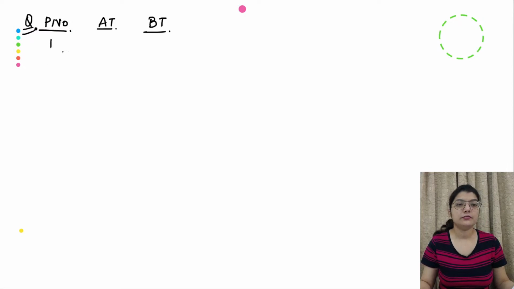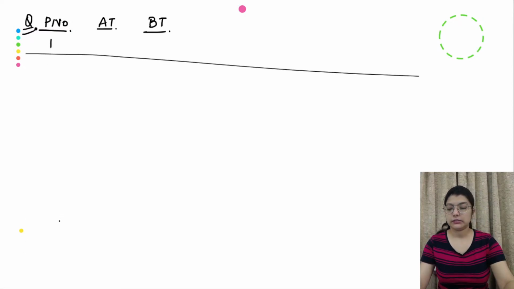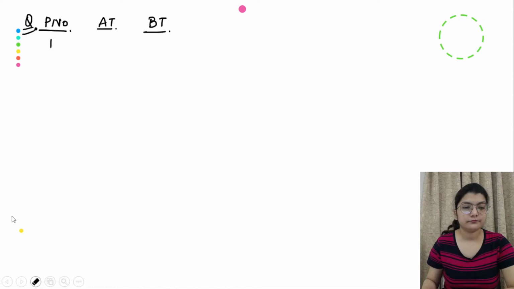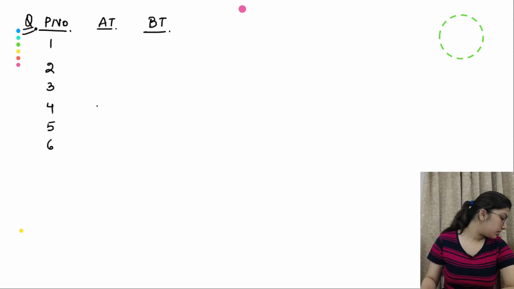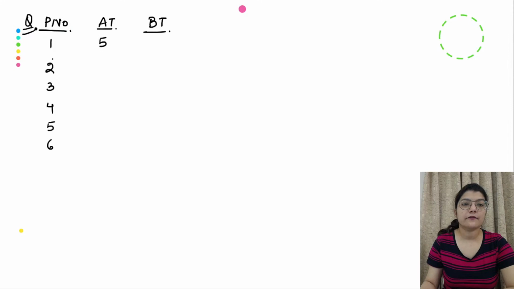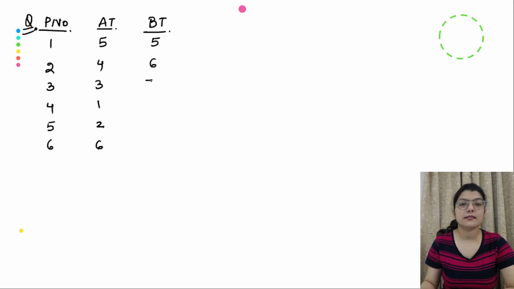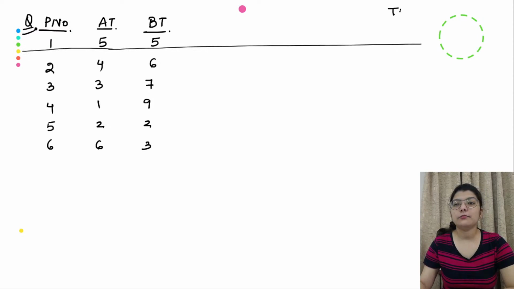So we have process numbers 1, 2, 3, 4, 5, 6 with arrival times 5, 4, 3, 1, 2, 6 and burst times 5, 6, 7, 9, 2 and 3. You have to solve this with round robin, and the time quantum given is 3.